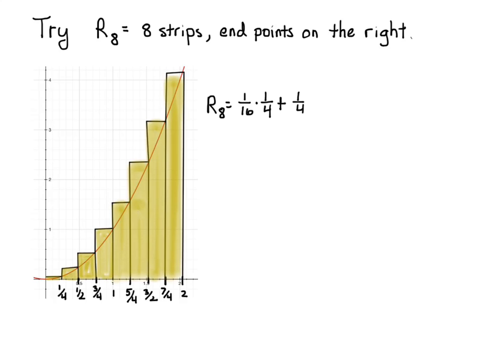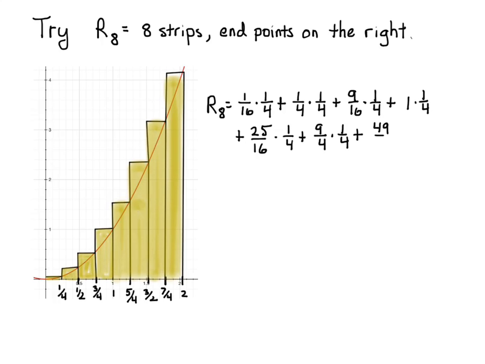So I'm going to use the values that I had before and add all those up to get my right sum. And numerically, that's going to come out to 43/16, which is 2.6875. So I'm a little bit over.